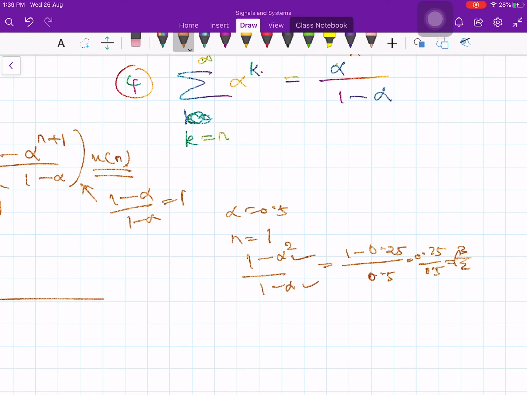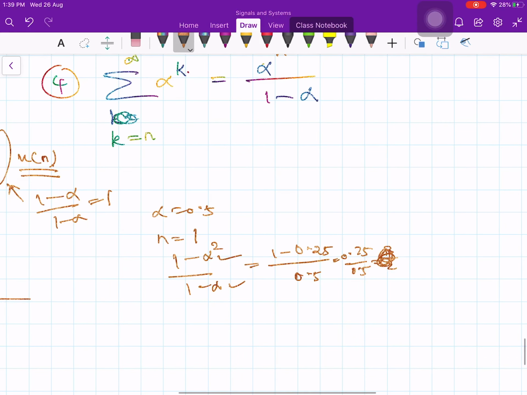This is alpha square, alpha equal to 0.5 means 0.25, 0.75 divided by 1 minus alpha, 0.5. So the value shoots up, it increases.